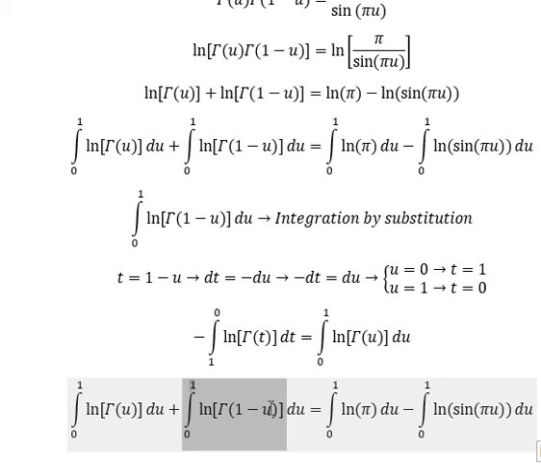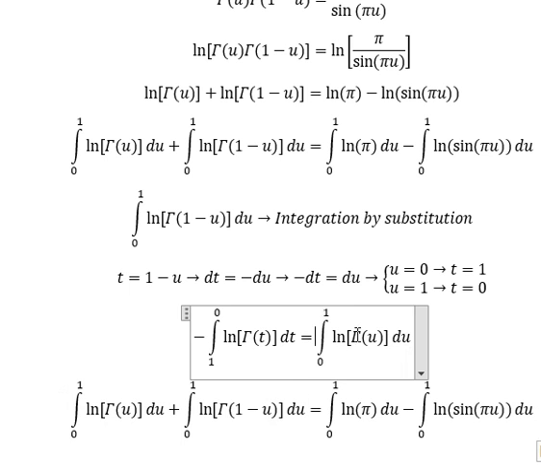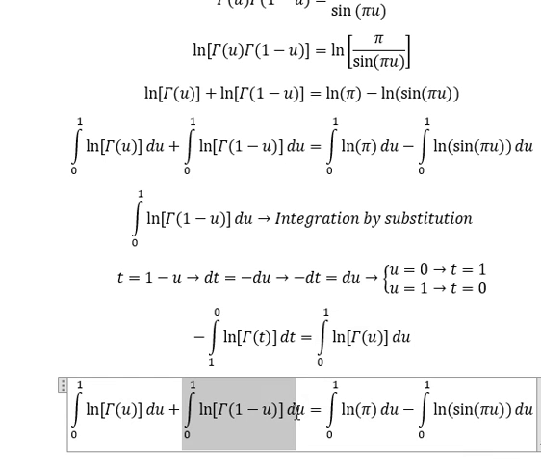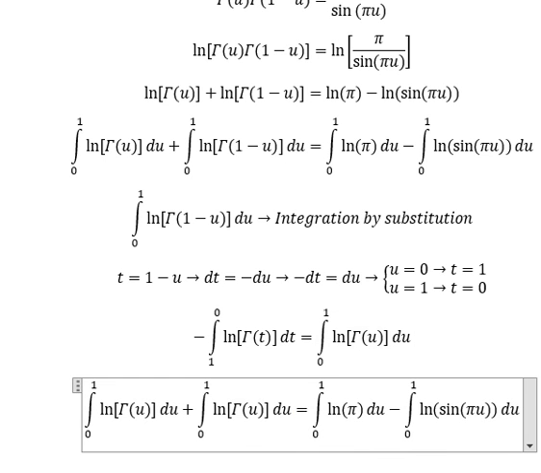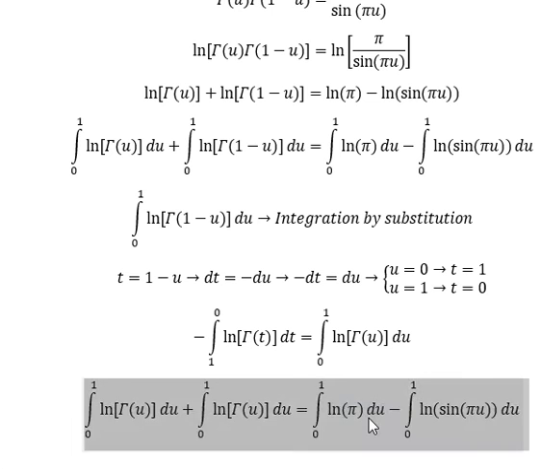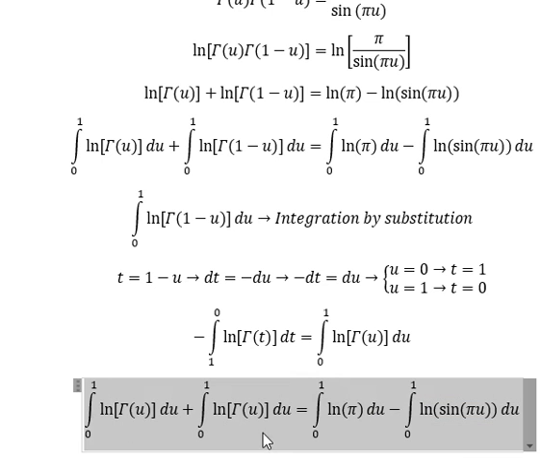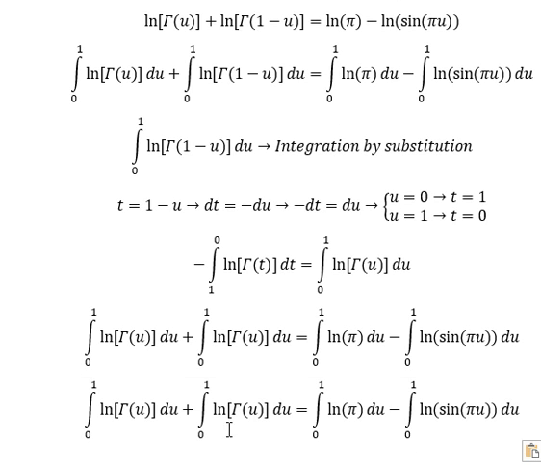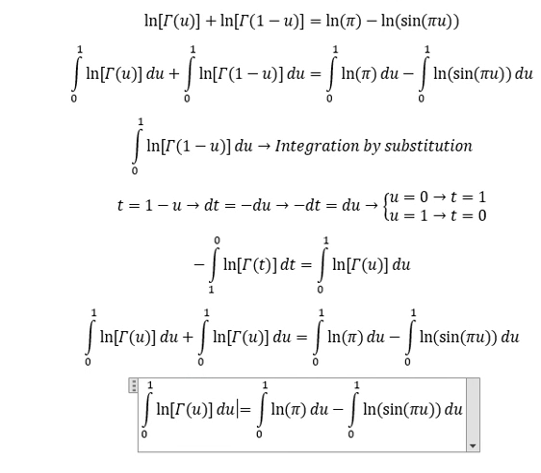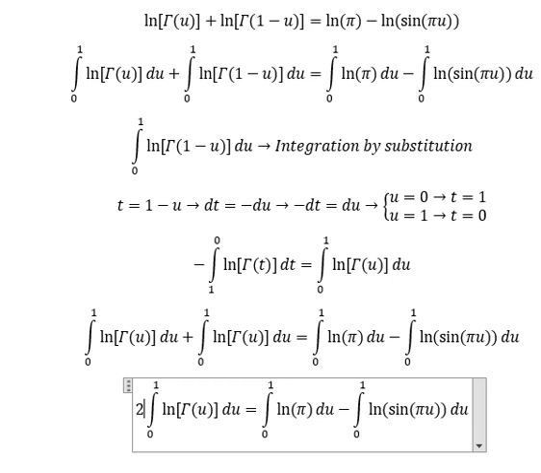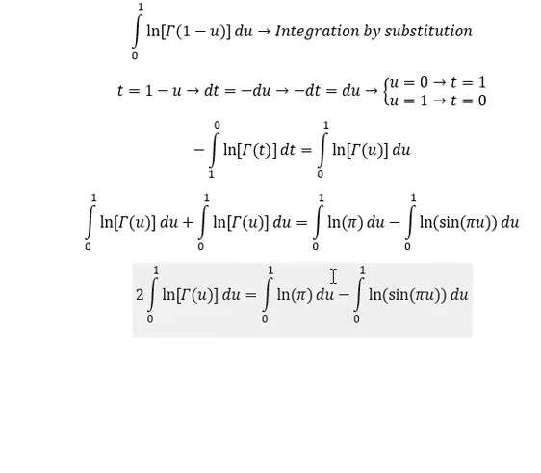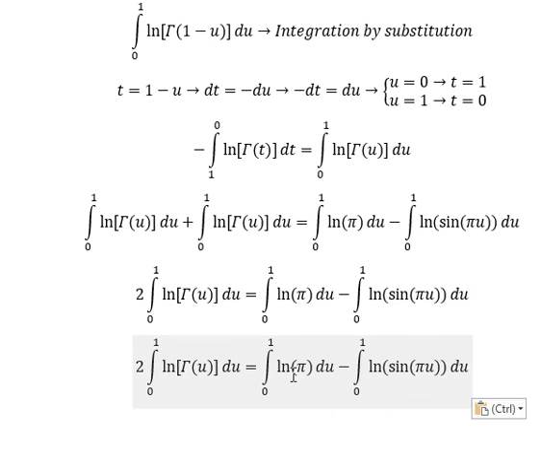And now we need to change this one into this one. So we sum two integrations together, and you get number 2 in here. Now we need to calculate this one, the integral of ln b du.